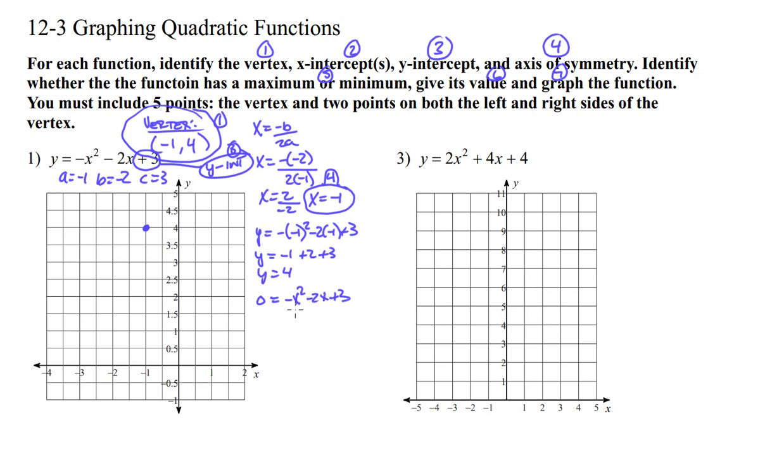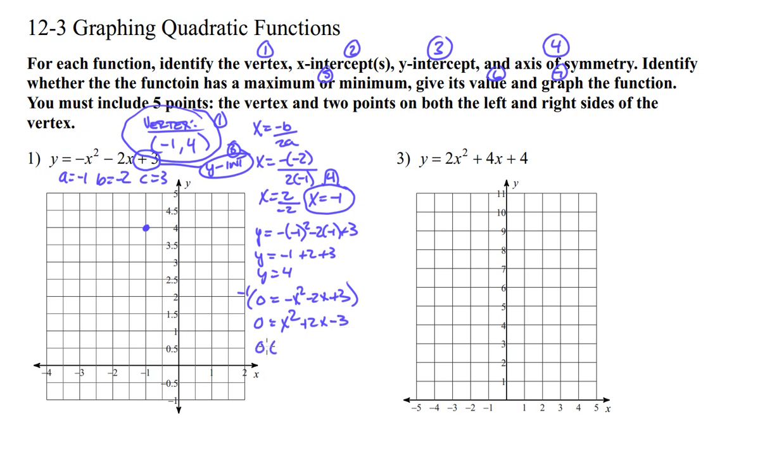Now, we're used to factoring these things when they are positive, so we can simply multiply everything in here by -1, and then we'll be back to a positive at the beginning there. Okay, so -1 times 0 is 0. -1 times -x squared is x squared. Negative times -2x is +2x. -1 times 3 is -3.